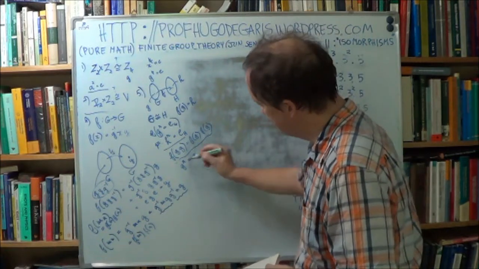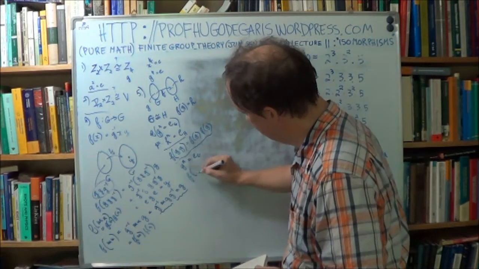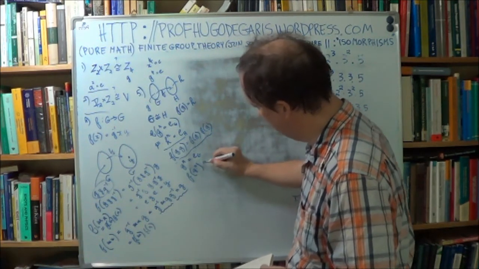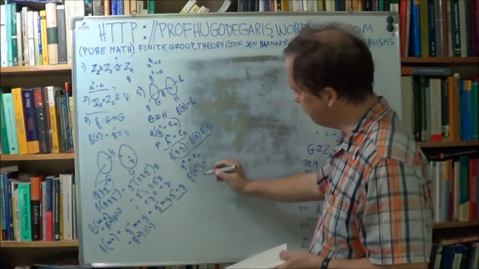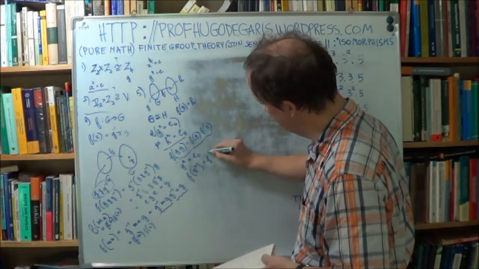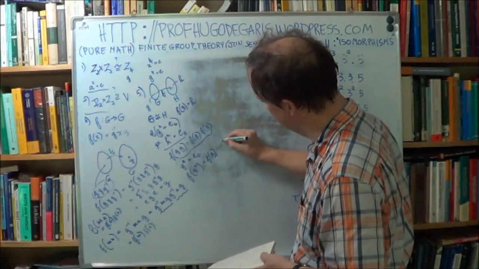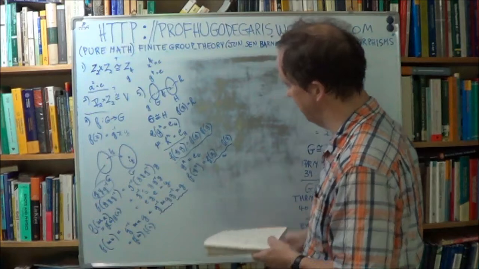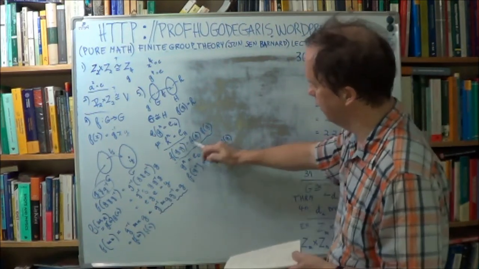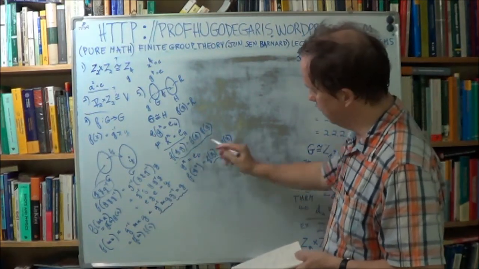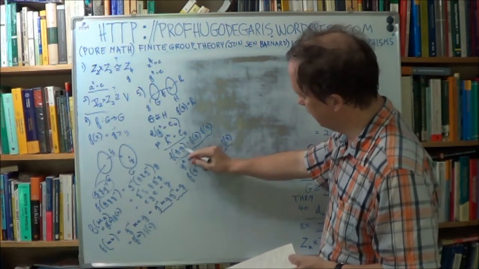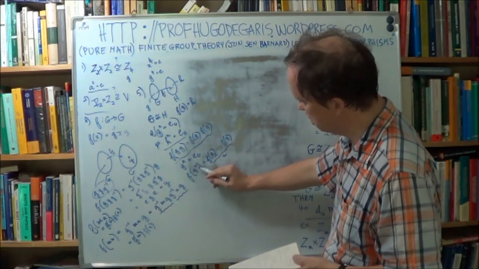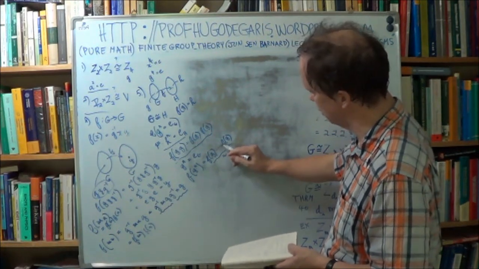So let's put f of g to the n. That's the same thing as f of g, f of g, n times. Where did this come from? From here: I've expanded, got 2, and I came out with 2. If I've got n of them, g n times, I'll get f of g n times.